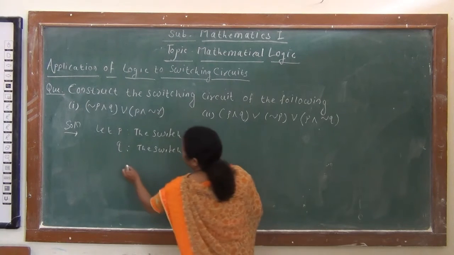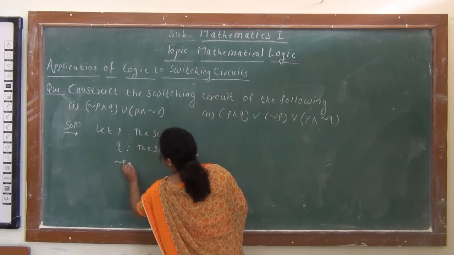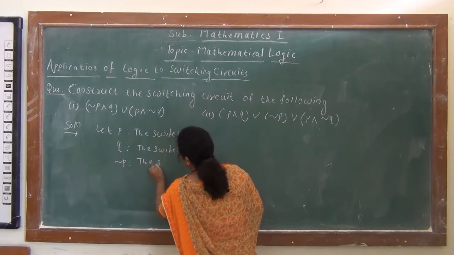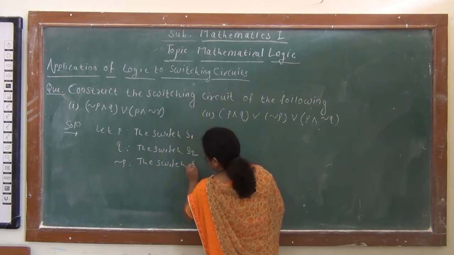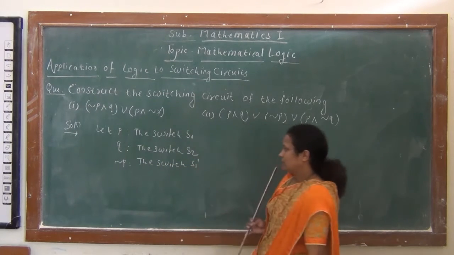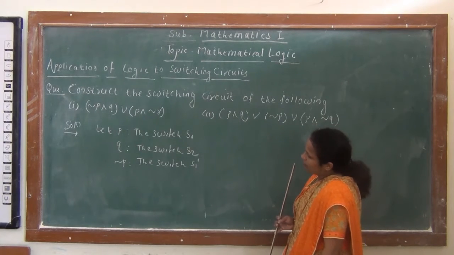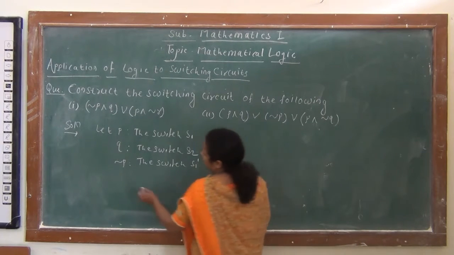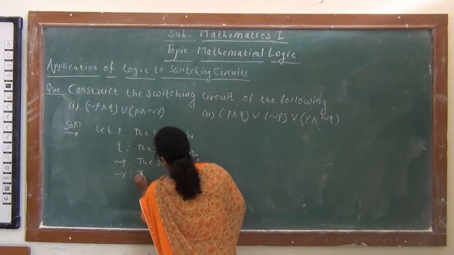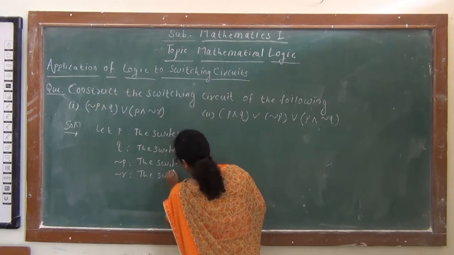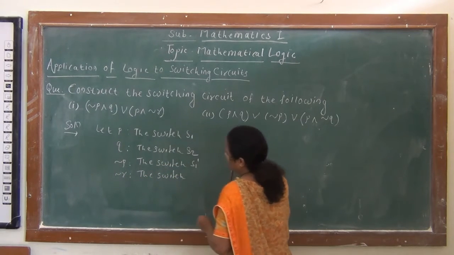Then negation P, that is the switch S1 dash, the complementary switch. Then negation R, that is the switch S3 dash.